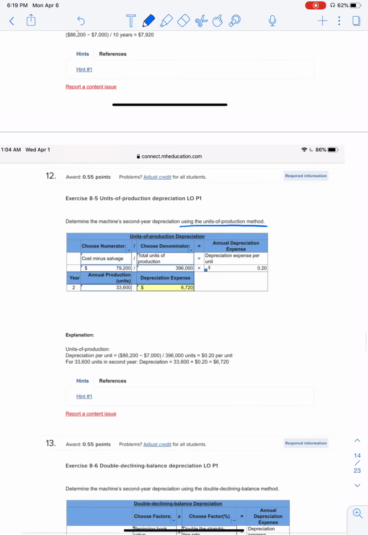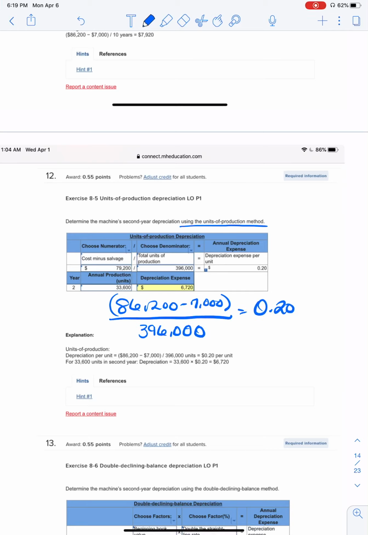I'm going to keep my cost minus salvage value the same, so it's still 86,200 minus 7,000. But now I'm going to divide this by my total units of production, which will give me 20 cents per unit. I will then multiply that by my units produced during the year. 20 cents times 33,600, and when I do that, I get $6,720 in depreciation expense.